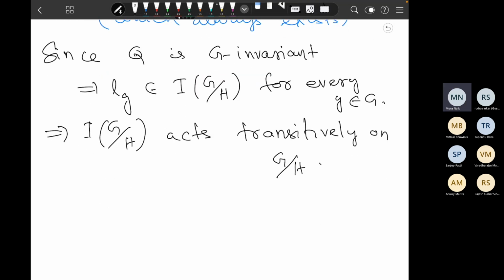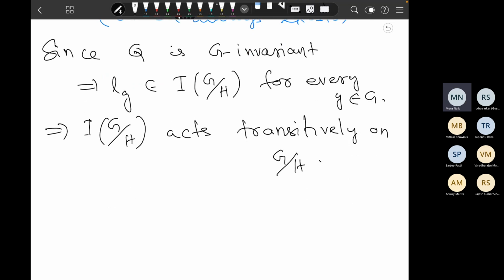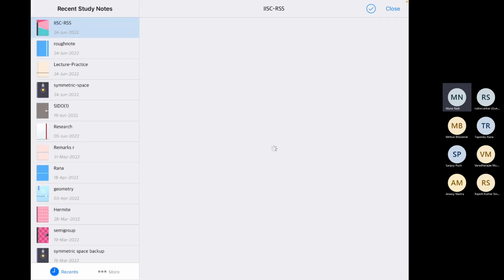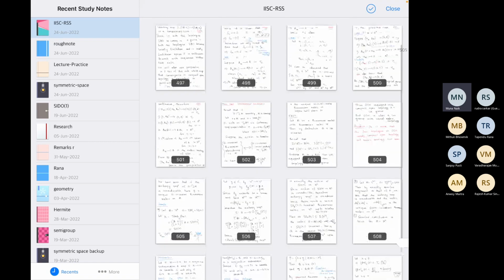Now we have seen that if some isometry group acts transitively on a manifold M, then to show it is a Riemannian symmetric space, it is sufficient to produce a geodesic inversion at a given point. So this was a result on page 311.